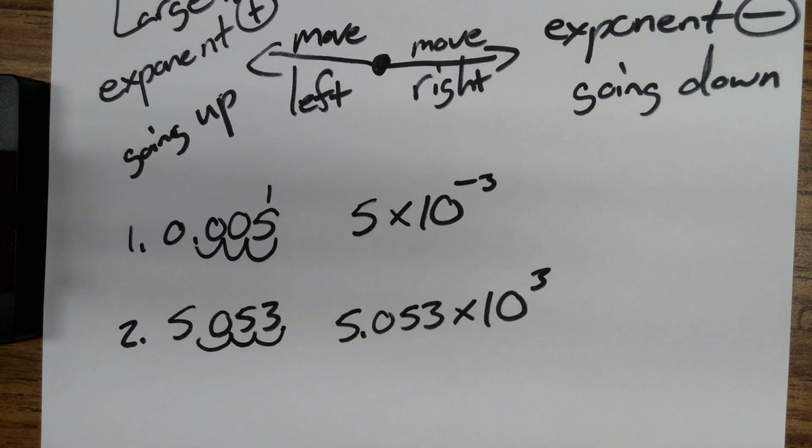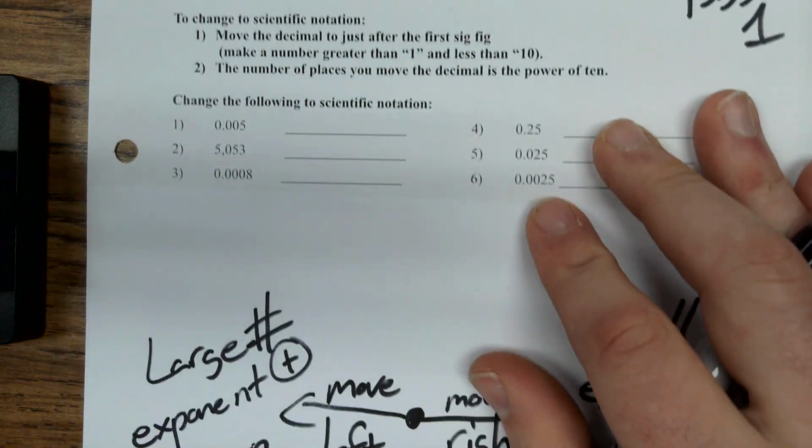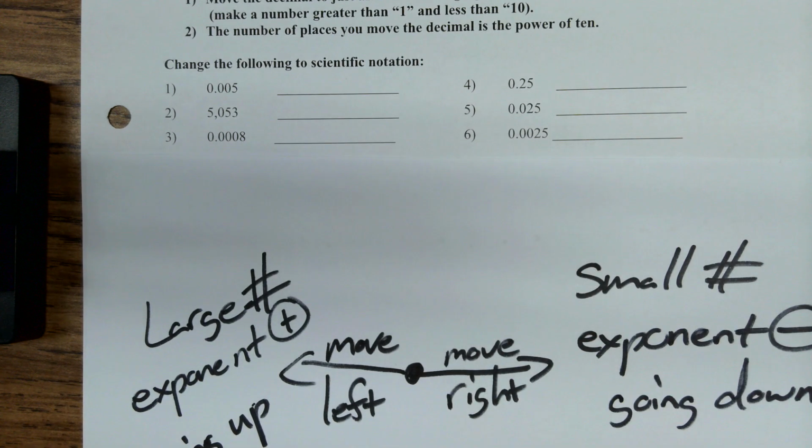I want you to take a stab at number 3. Number 3 is 0.0008. I want you to move that decimal so it's behind the first sig fig. I want you to take your new number, multiply that by a power of 10. Did I move to the right, or did I move to the left? You want to tell me what the power is.